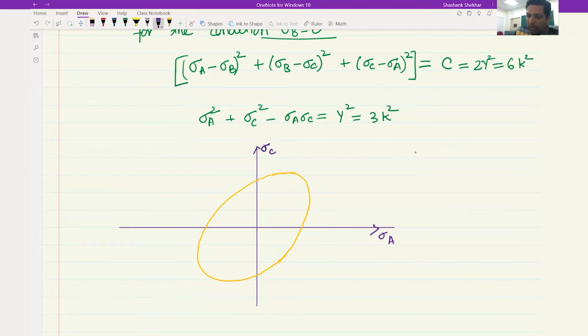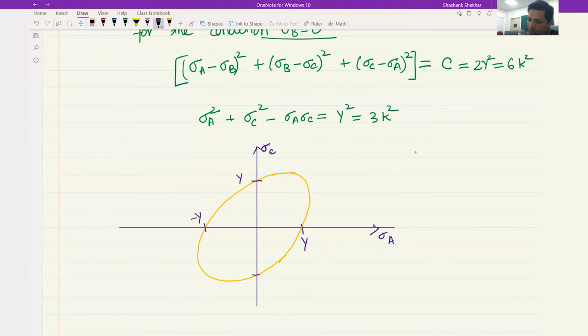These are still the principal stresses, only that we don't know which one is 1, which one is 2, and which one is 3. So we have named them sigma A, B, and C. And now at this particular point, sigma C is also equal to 0. So if you put it in this equation, then you would find that this value is equal to y. Similarly, this one will be equal to y, and this one will be equal to minus y.